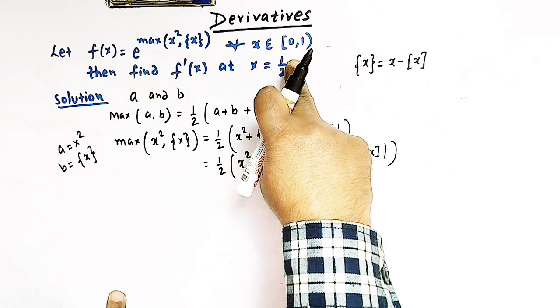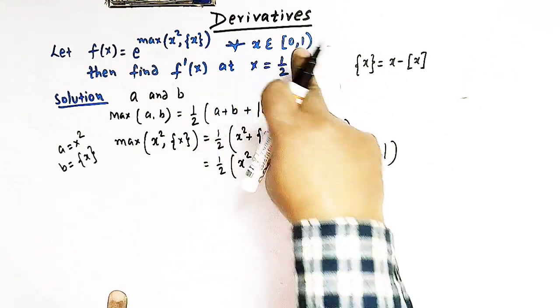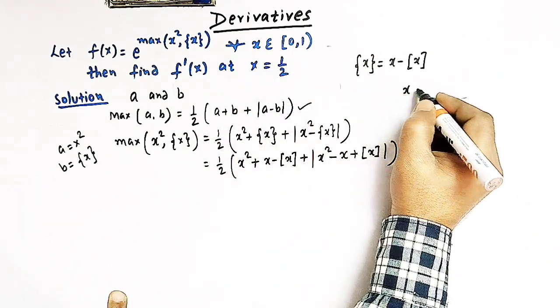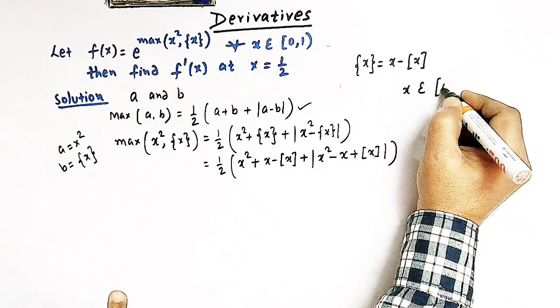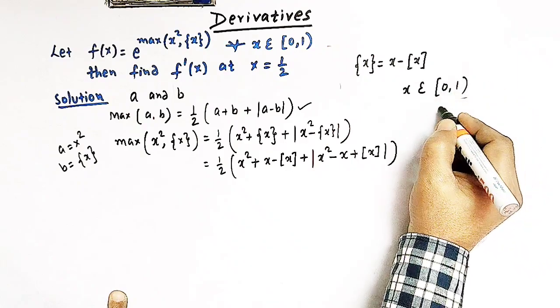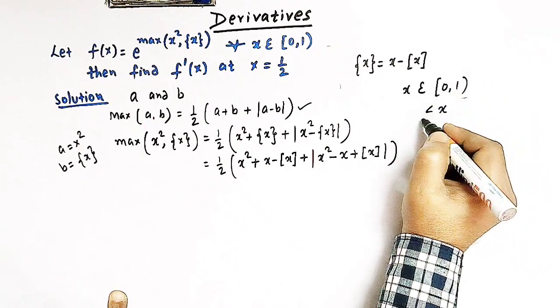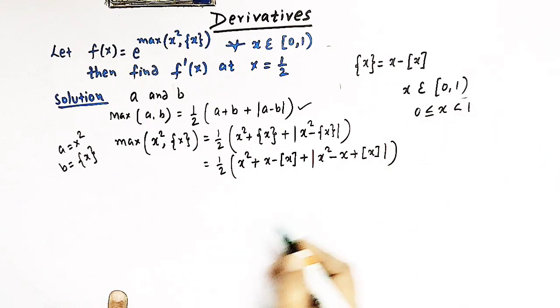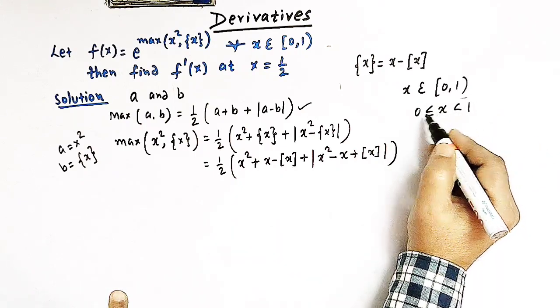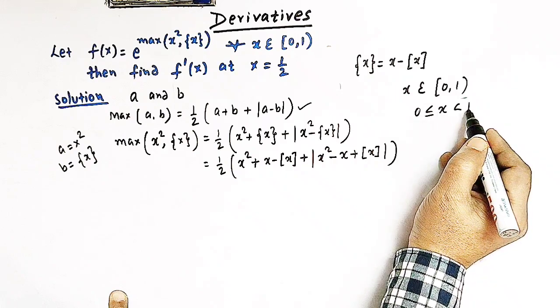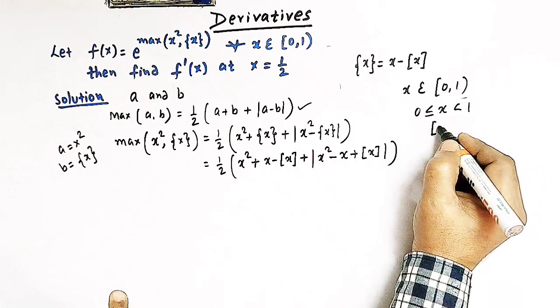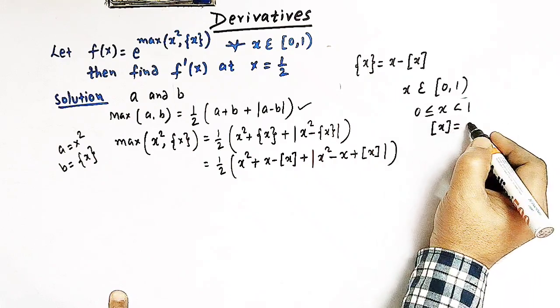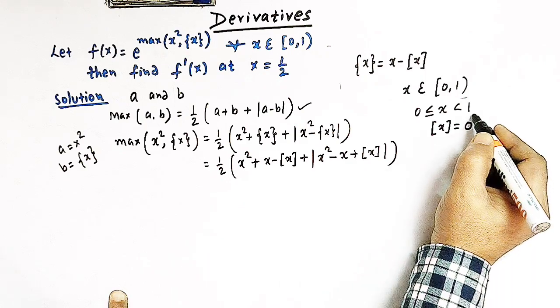Now we have this interval, that is x belonging to the interval [0, 1), that is x is greater than or equal to 0 but less than 1, right? Whenever x lies between 0 and 1, the greatest integer of x is always going to be 0, right?